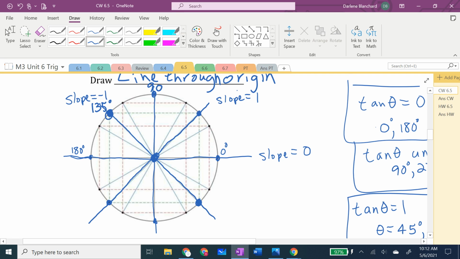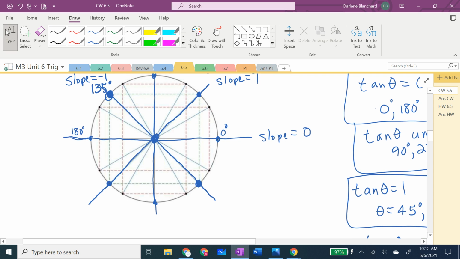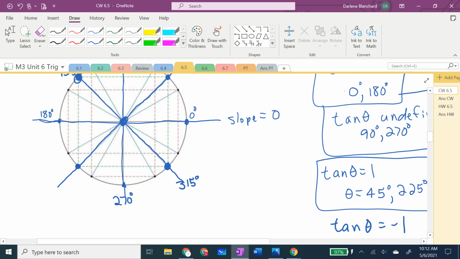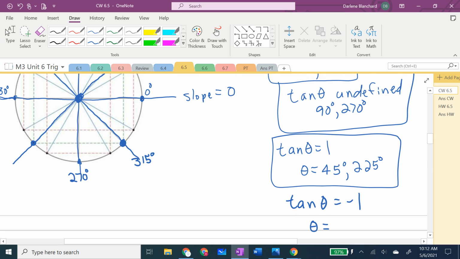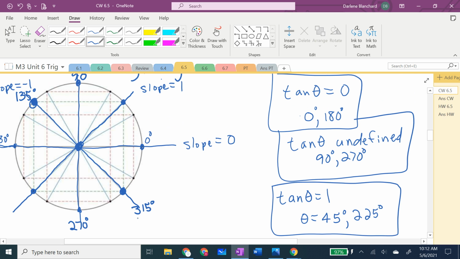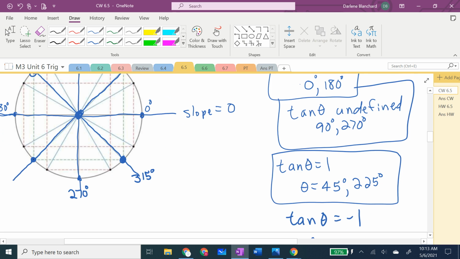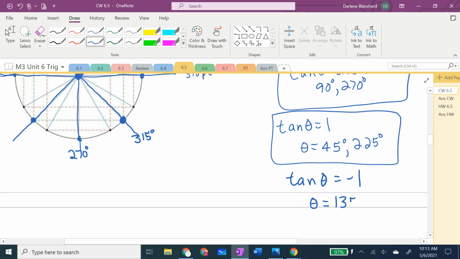And what is this angle? And you've got calculators. So what is 270 plus 45 degrees? 315. So if you are told that your tangent of theta is equal to -1, you can draw a slope of -1 through the origin and realize you are at angles 135 as well as 315.